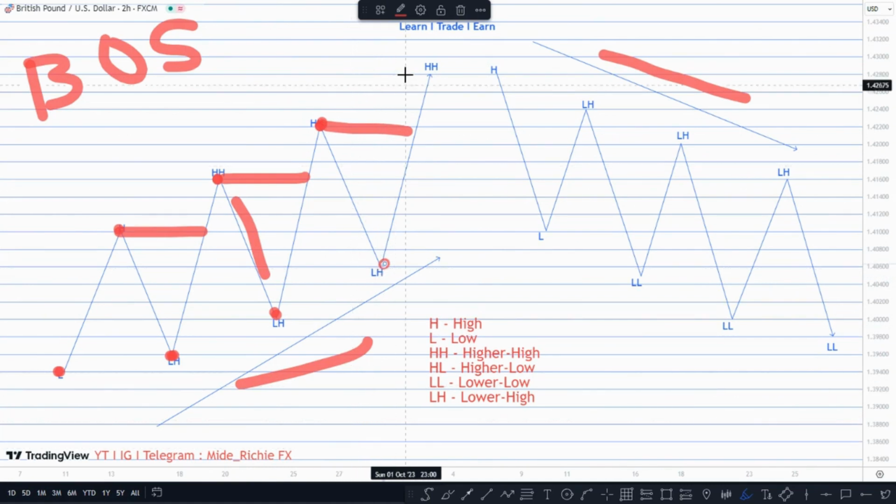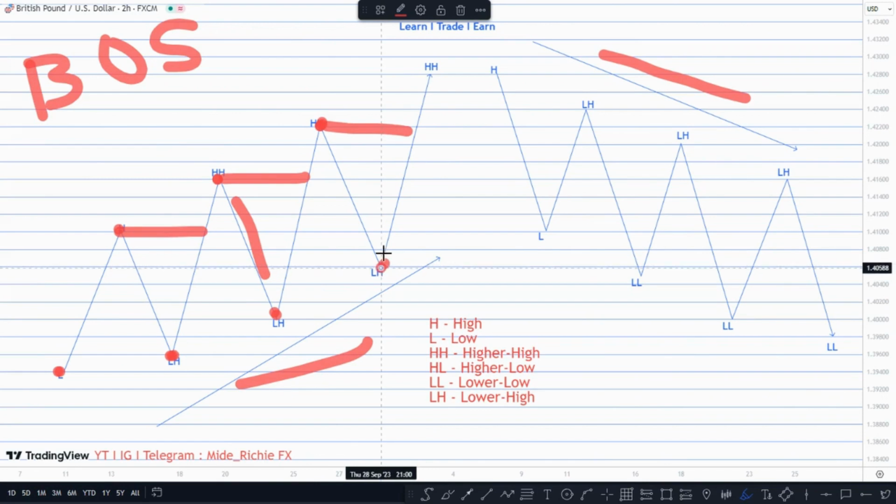The market can never go straight up. The market can never come straight down. The market moves in waves, right? A normal move: the correction, real move, correction, real move, correction. So the real move is basically the break of structure, while the correction is basically for the market to regain its strength. The market just needs to regain its strength to continue going in its exact direction. All right.